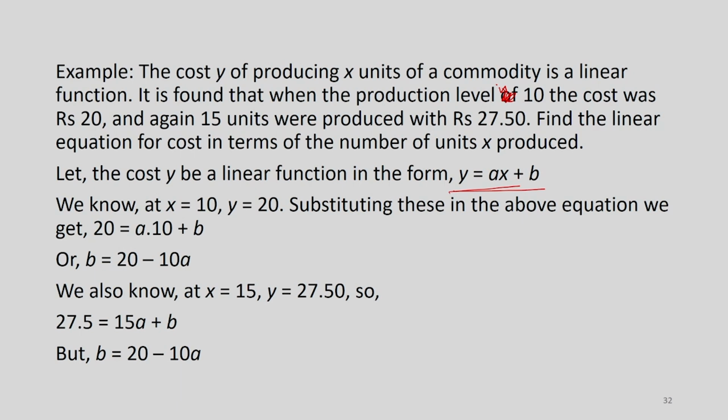Okay, so, what information do we further know? We know that if x is equal to 10, then y is equal to 20. Then we can substitute this in this form. If we do that, 20 is equal to 10a plus b, or b is equal to 20 minus 10a.